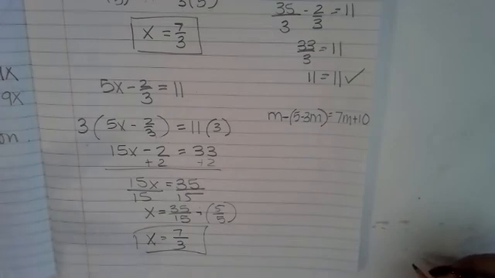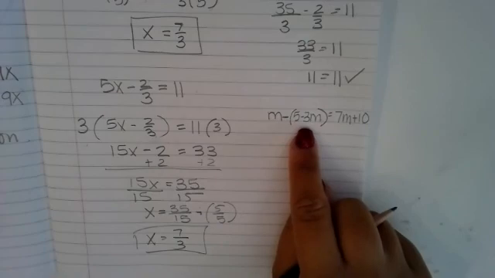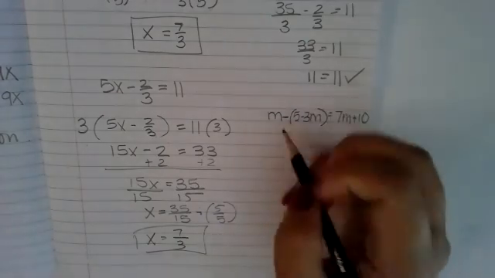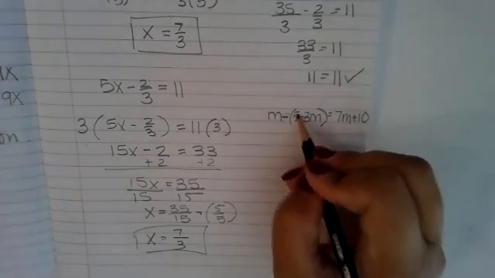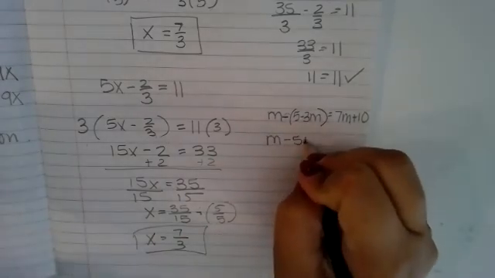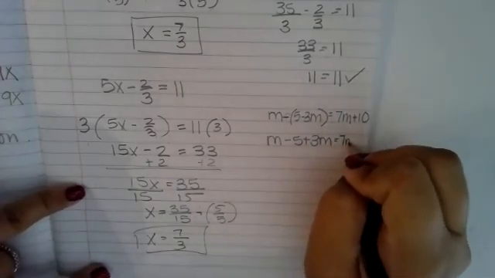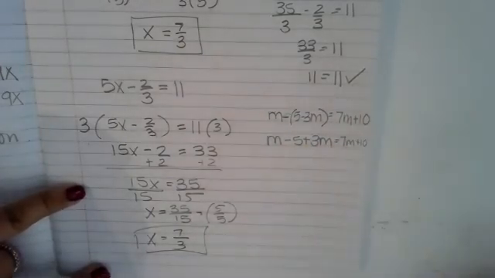Okay, so first thing I'm going to need to do, look into my parentheses here. Can I simplify? No, there are no like terms. Next thing I need to do, I need to take this negative and distribute it. So I have m minus 5 plus 3m is equal to 7m plus 10.